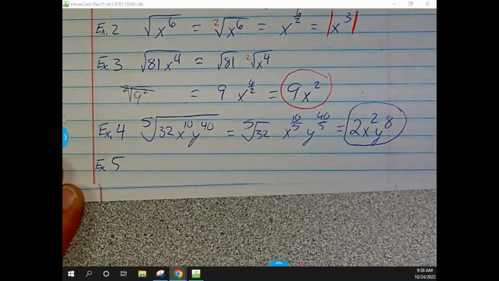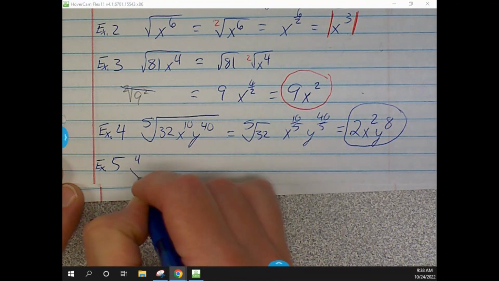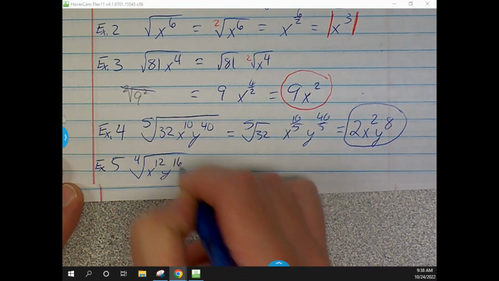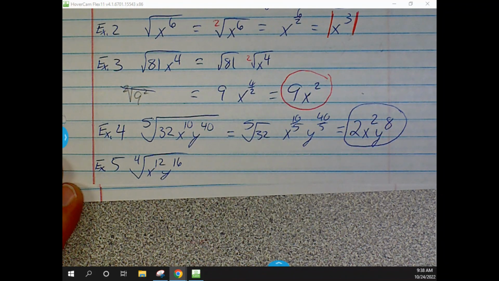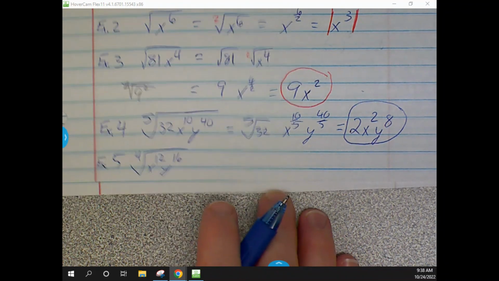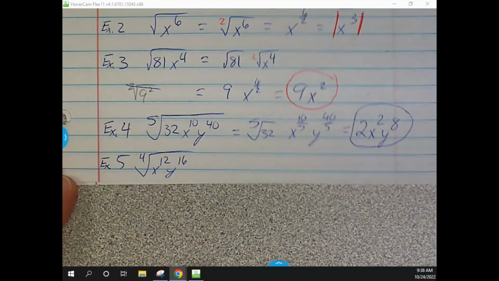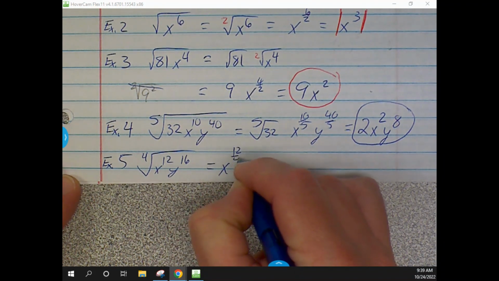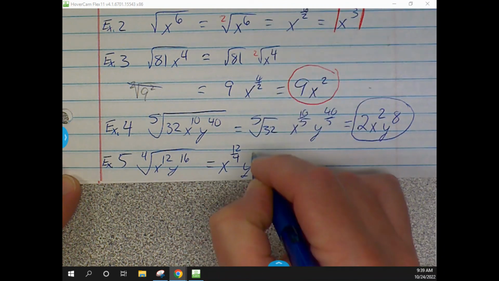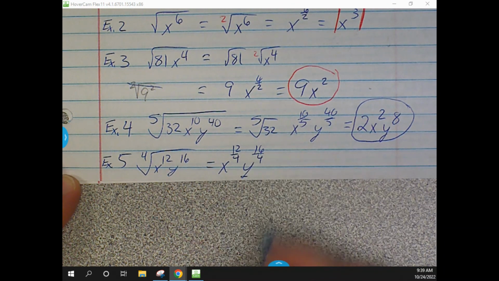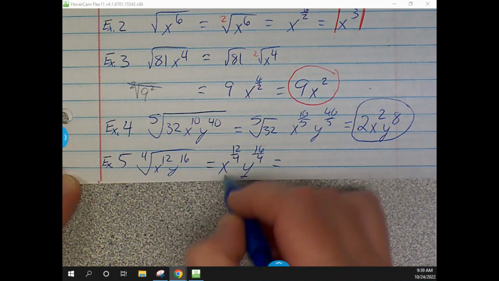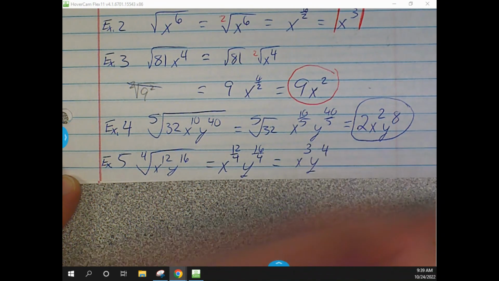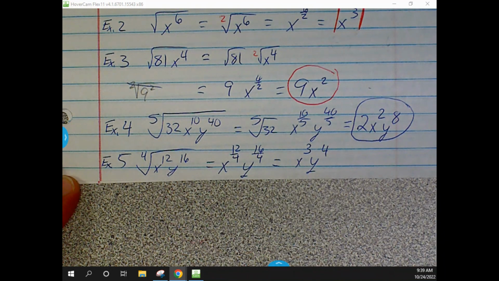Okay, last one. Let's go fourth root of x to the 12th, y to the 16th. All right, so that is x to the 12 divided by 4, y to the 16 divided by 4. 12 divided by 4 is 3. 16 divided by 4 is 4.